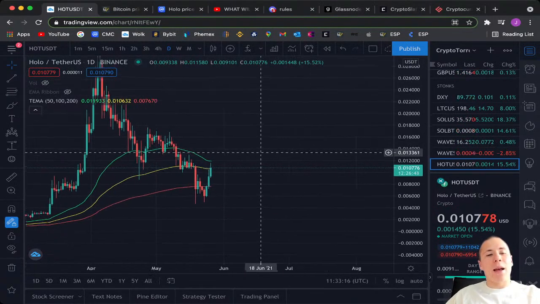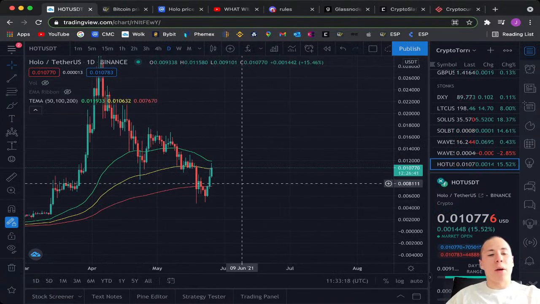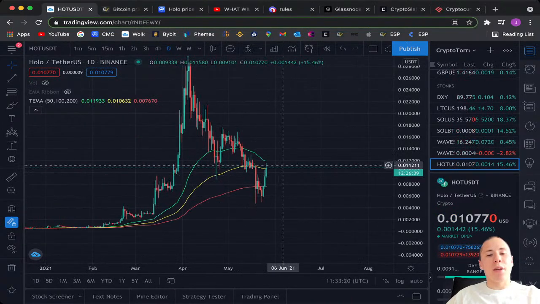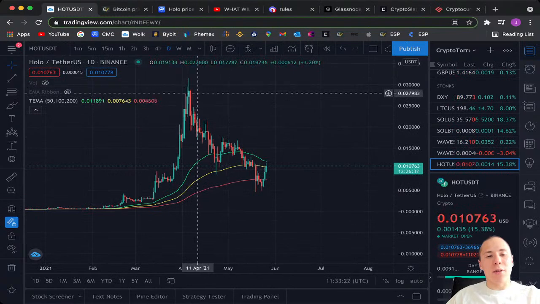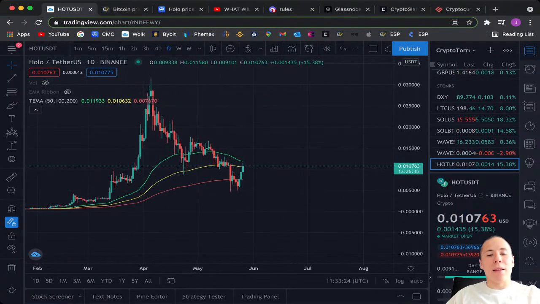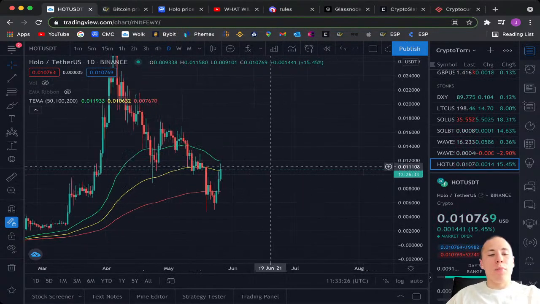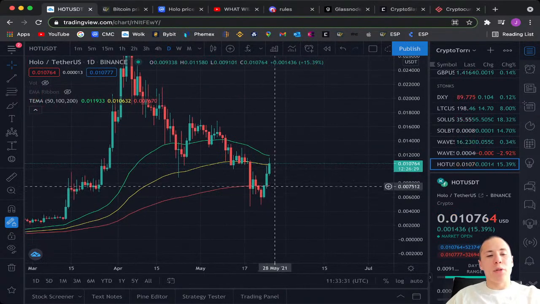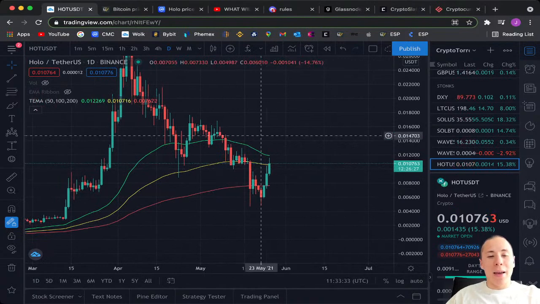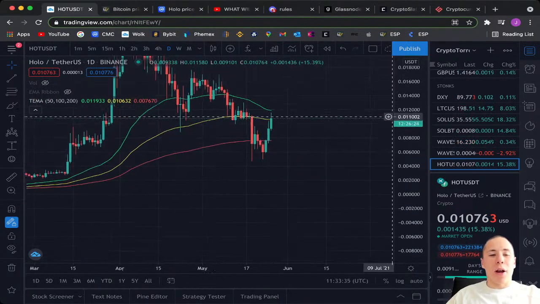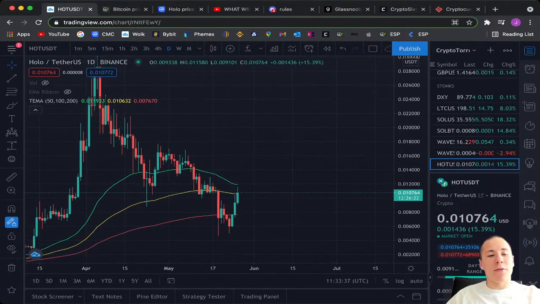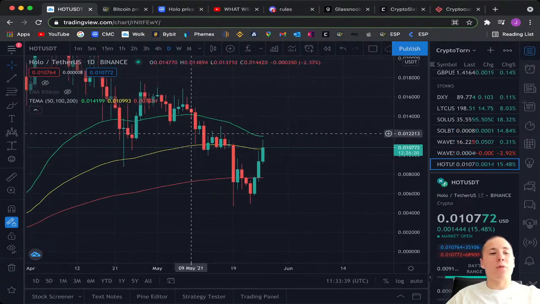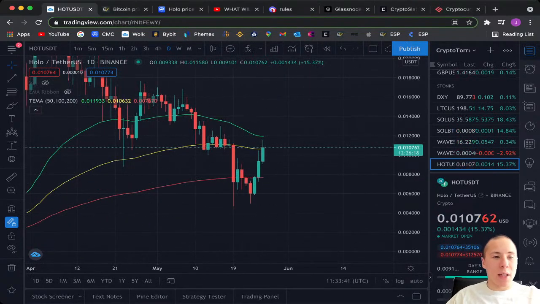That won't be happening with Holo. And if it drops even further down, especially because we already saw an 80% drop towards the downside, it won't be that big. It won't be going even further down. Personally, I think it is a great opportunity right now to buy Holo before it's heading further up. And even when it does find support on top of the moving averages, we will for sure see a huge move towards the upside getting created.